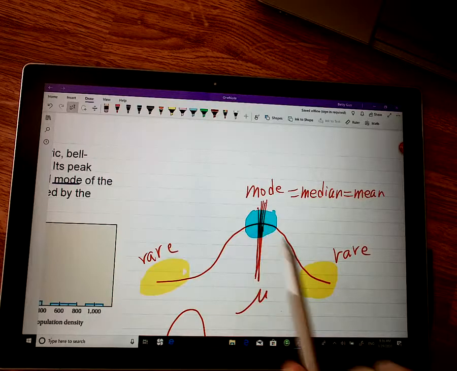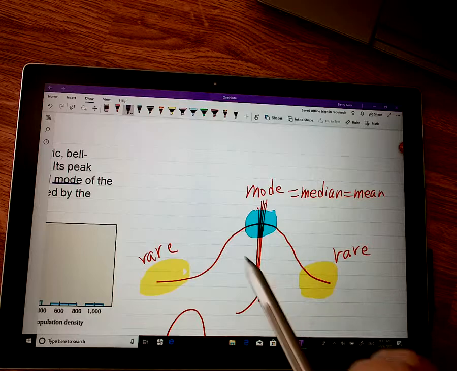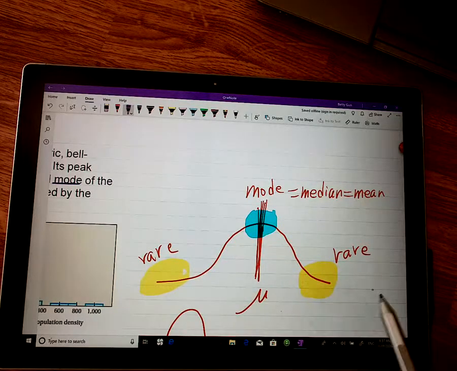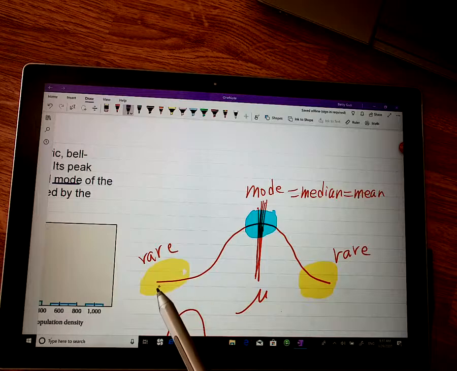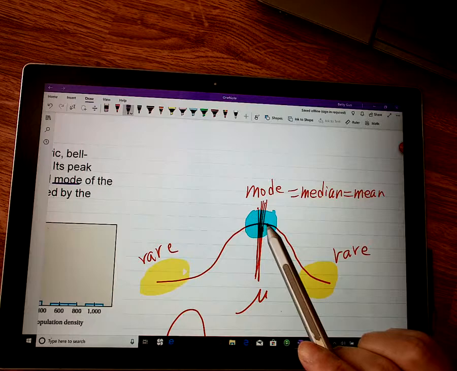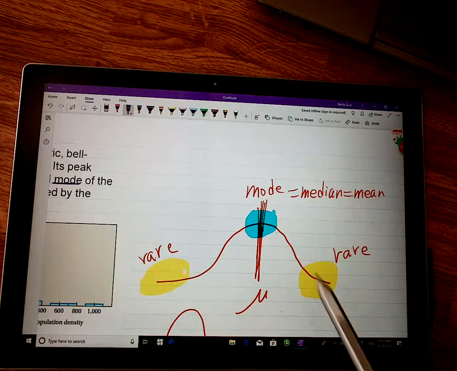It is symmetric, single peak, and bell-shaped. If you look at it from left to right, it goes up, reaches the maximum, and then goes down. A normal distribution has two tails, a left tail and a right tail.